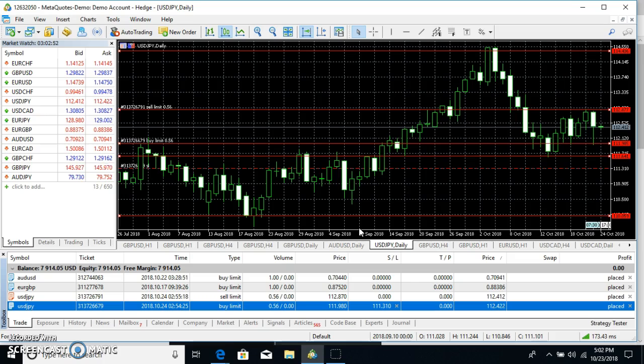Now you're protected. Okay? So if it goes down or up here, we do our take profit of 112.87. Here, because I'm looking at the day chart, I would change this because I think it's going to go up to 113.33.